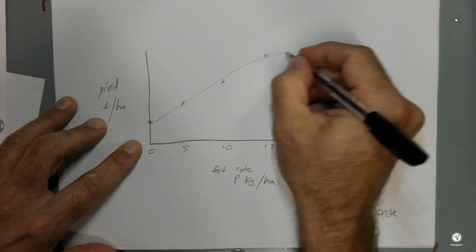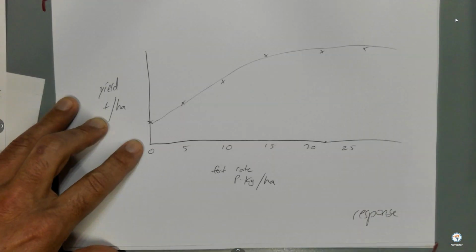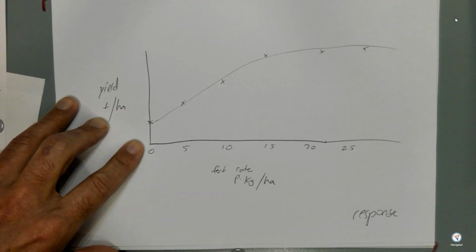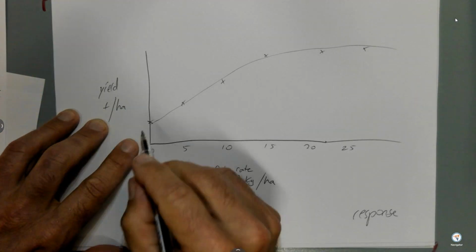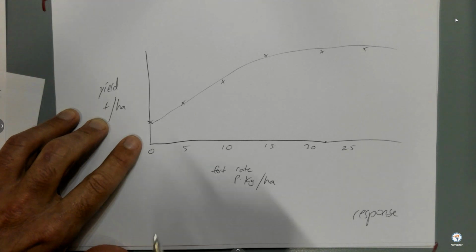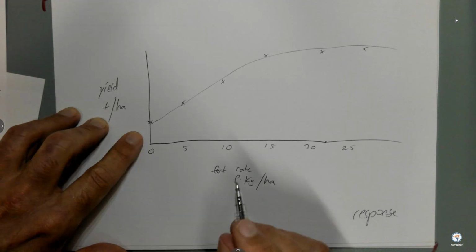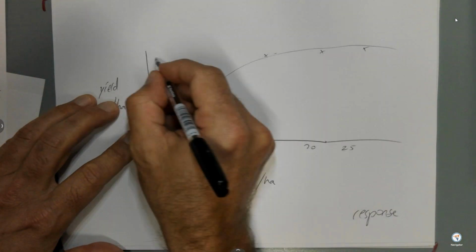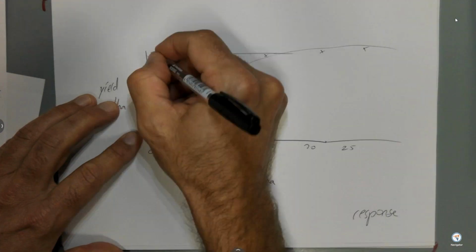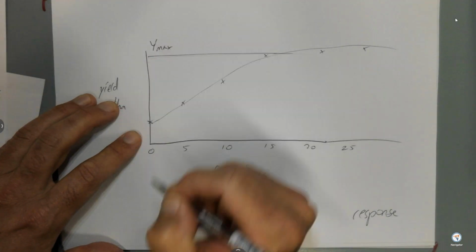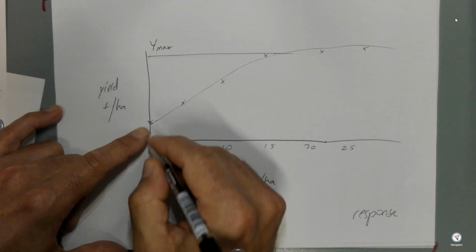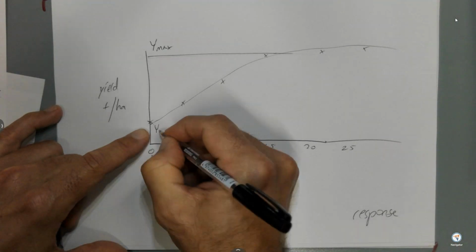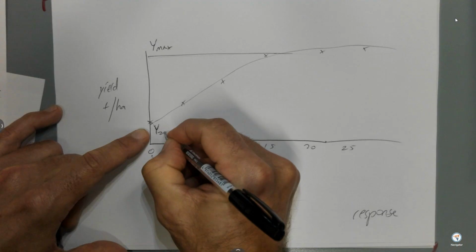And you do that on a bunch of different seasons, different soils, different locations, different crops even. But from this, you take three pieces of data. One is you take the maximum yield, so this is yield max. Then you take the yield where you put nothing on, and this is called yield 0.